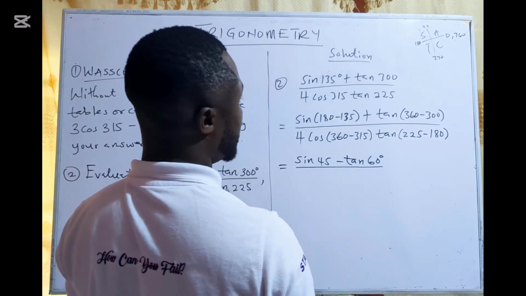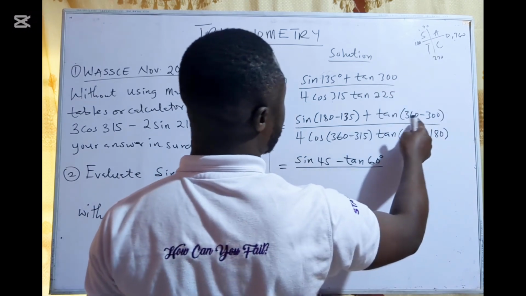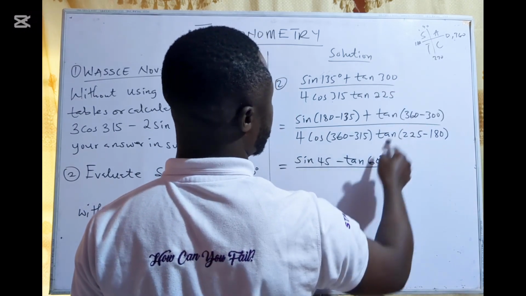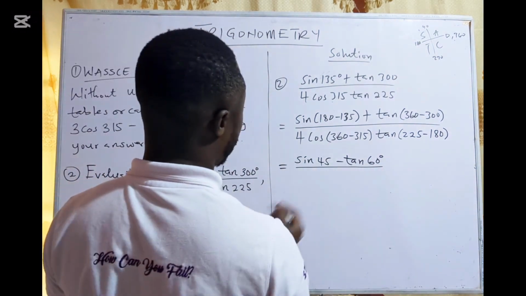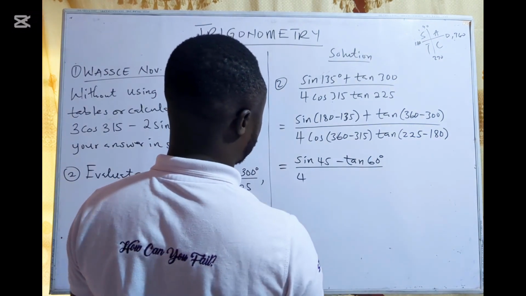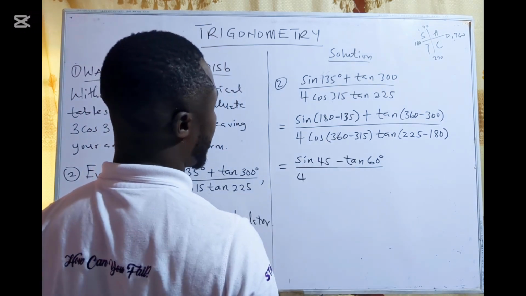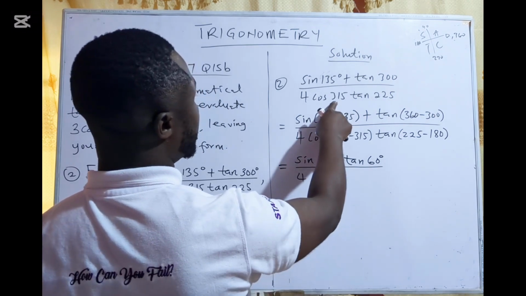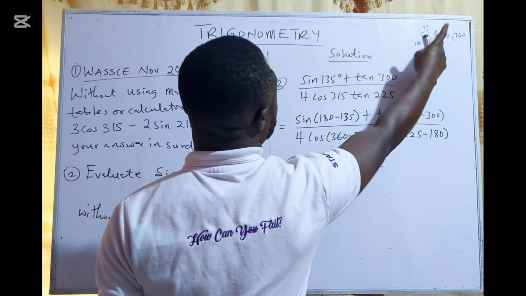Because tan is negative in the fourth quadrant and 300 is in the fourth quadrant. So 360 minus 300 will give me 60 degrees. So minus tan 60 degrees. Alright. Then 4. 315 is in which quadrant here? 315 is in the fourth quadrant.